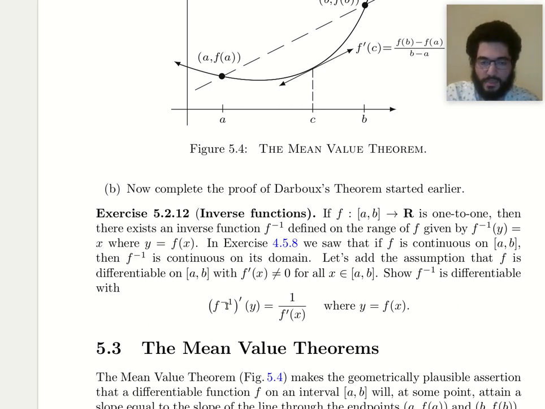So the derivative of the inverse is going to be a linear approximation to the inverse, and how will that be related to the derivative of f, which is a linear approximation of f? It'll be the inverse linear map, right?